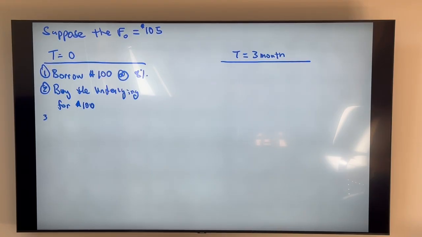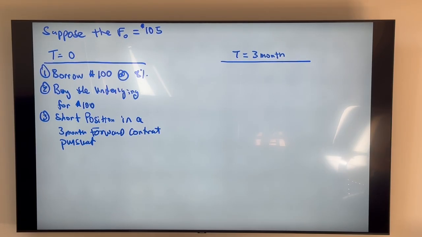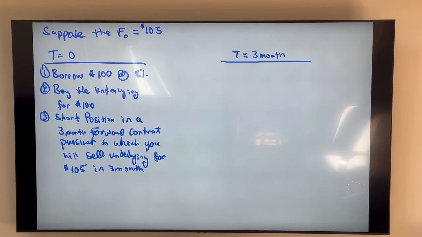And the third thing you're going to do is you'll take a short position in a 3-month forward contract pursuant to which you will sell the underlying for 105 in 3 months.